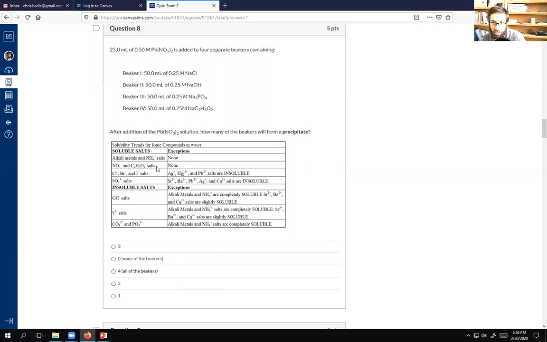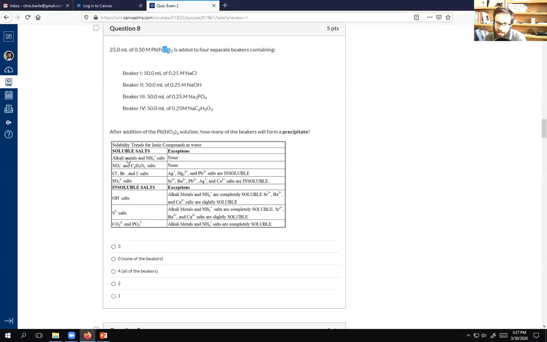So we're gonna use the solubility chart here to help us. Anytime you see a solubility chart, it's a double displacement type reaction. Are we going to have anything that is insoluble? So we have sodium chloride in beaker 1 and lead nitrate. When we do the double displacement, we can have lead chloride forming and sodium nitrate.